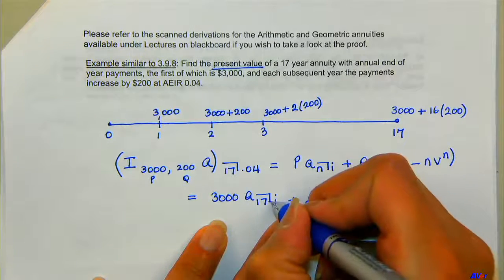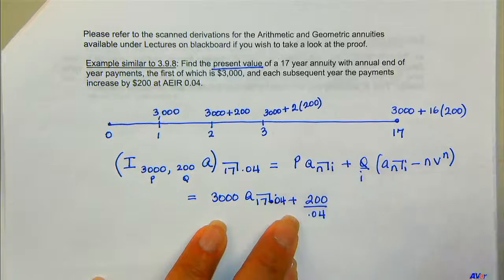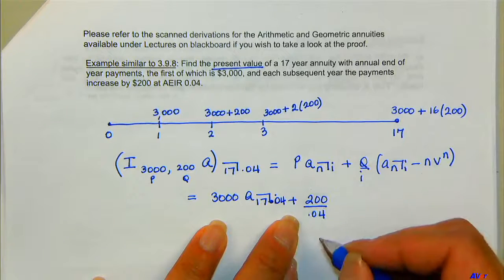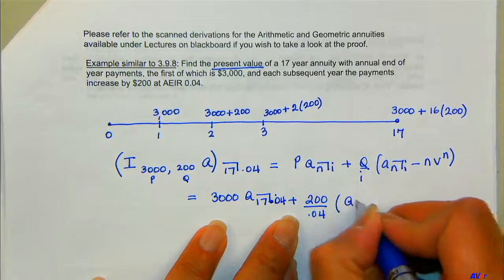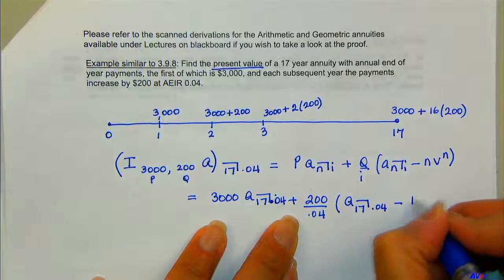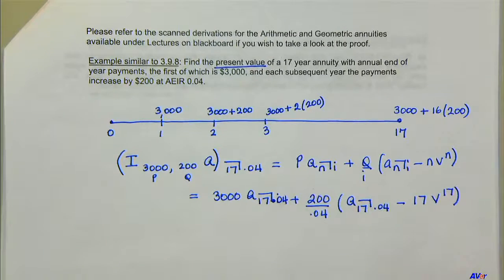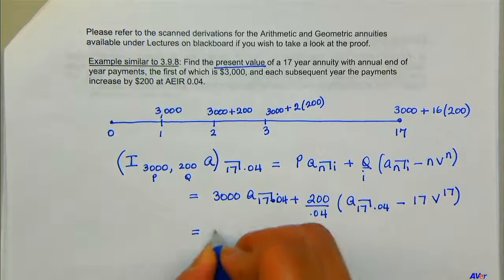And let's change this one also to 0.04. We don't need to keep saying I, we know the interest rate. 200 over 0.04 times A angle 17 at 0.04 minus 17 v to the 17th power. And then you clean this up.